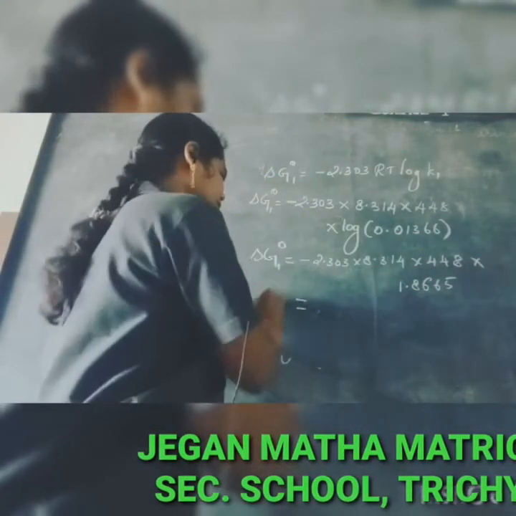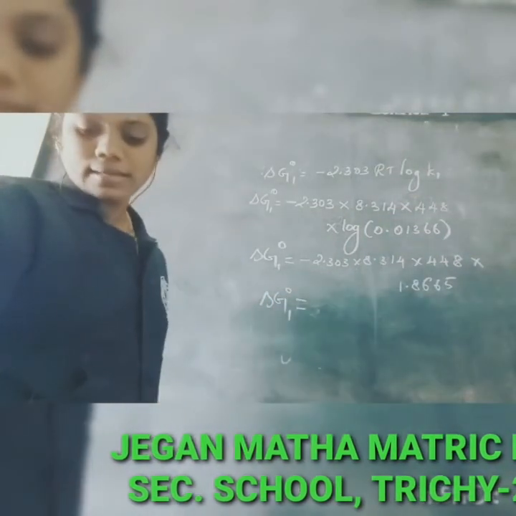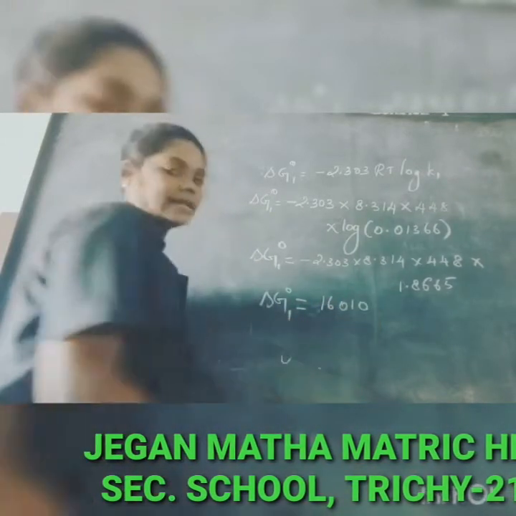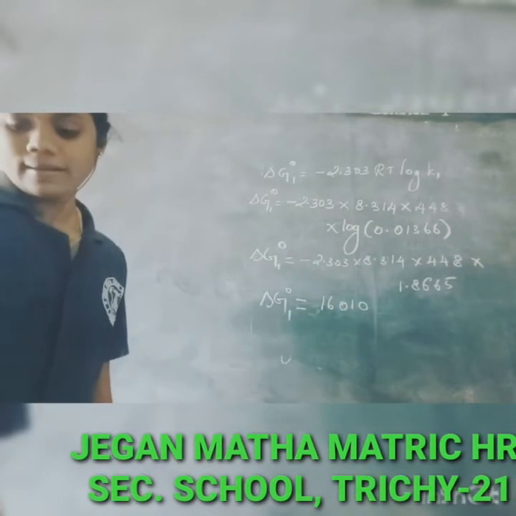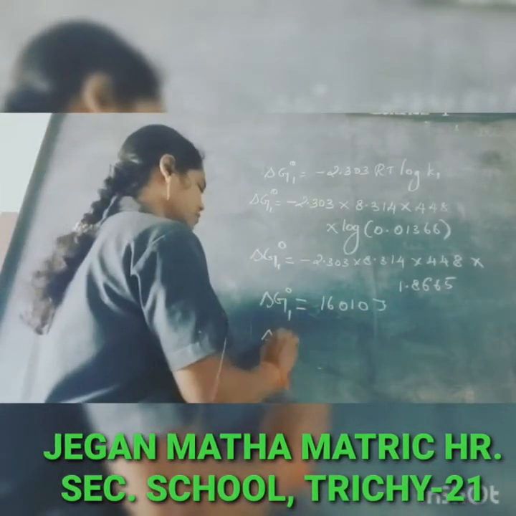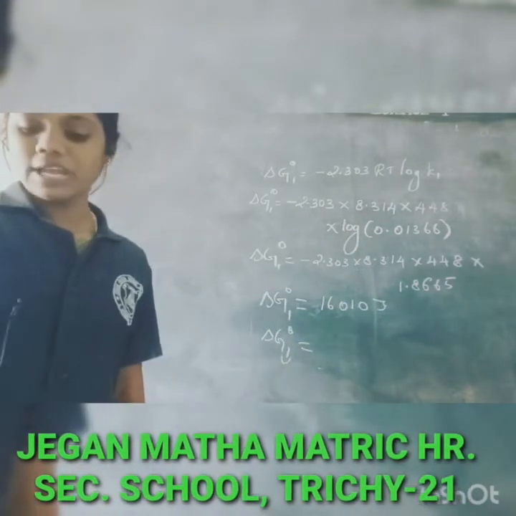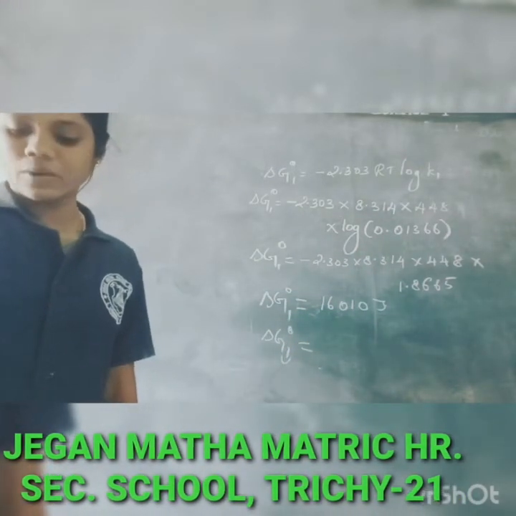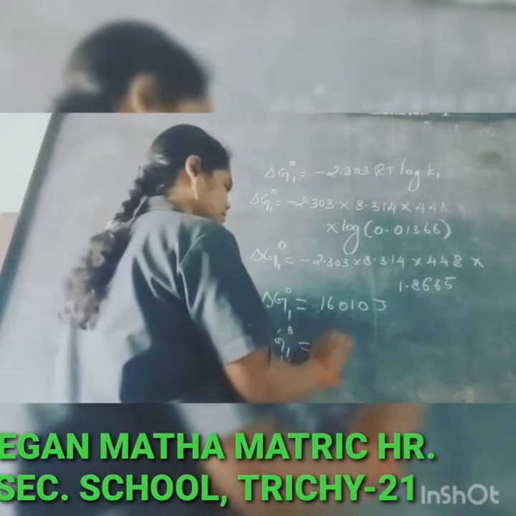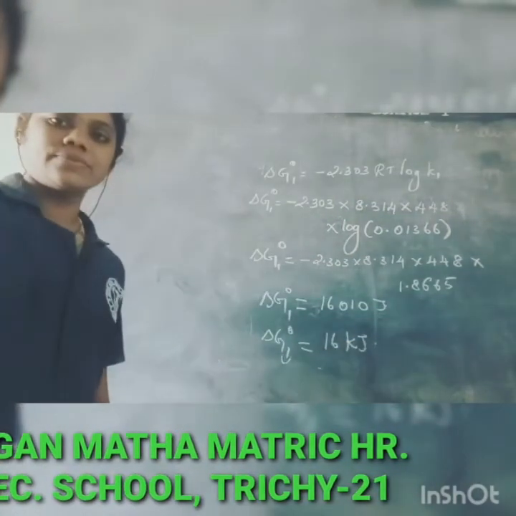So multiply these terms, and the del G1 naught value is 16,010 joule. We convert into kilojoule by dividing by 1000. So 16.010 kilojoule is formed here.